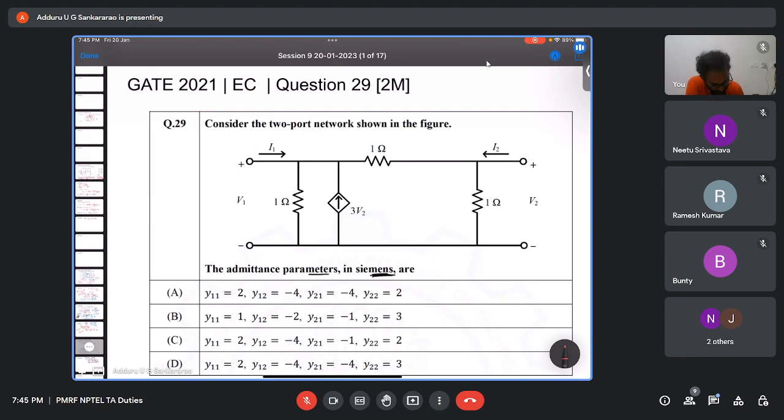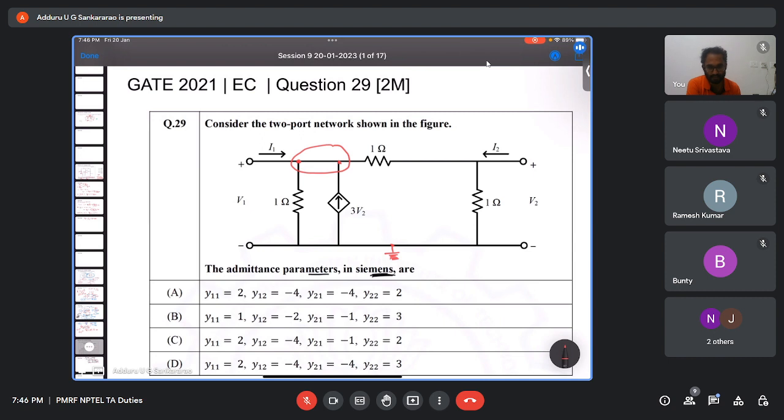So let us say this node is the same node everywhere, it is short circuit kind of thing. Let us say this is ground, we assume. What is the voltage here?